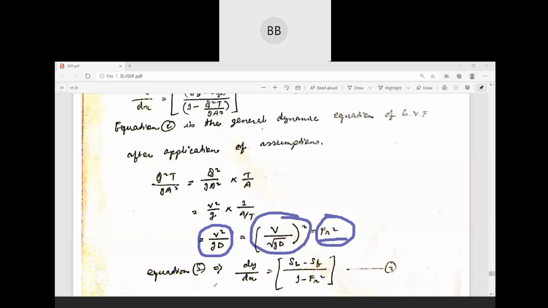So here at equation 2 you can also write like this: dy by dx is equal to Sb minus Sf divided by 1 minus Fr square, and put it as equation number 3.